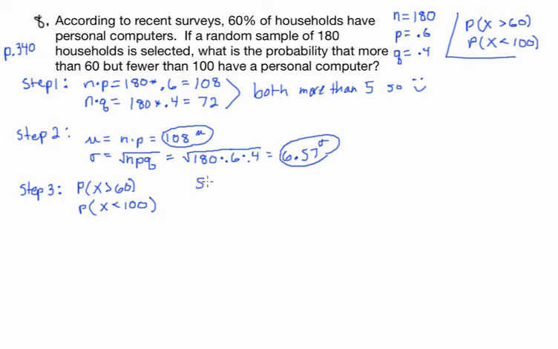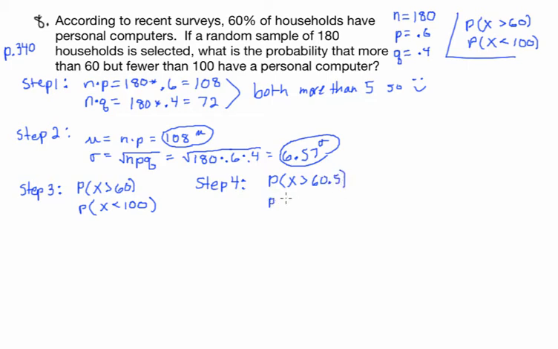So step 4 is to use the table on page 340 to adjust those a little bit. So I look for the one that says greater than A, and it tells me to take A plus 0.5. So I'm going to adjust this first one. Instead of the probability that x is greater than 60, I want the probability that x is greater than 60.5.